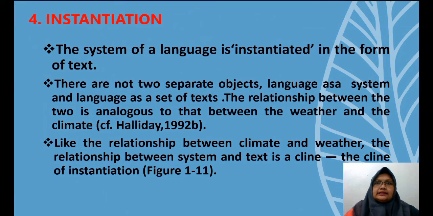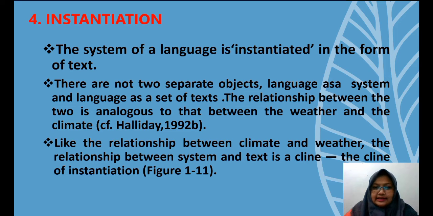And then instantiation, number 4. What is instantiation here? The system of a language is instantiated in the form of the text. There are not two separate objects, language as a system and language as a set of texts. The relationship between the two is analogous to that between the weather and the climate.